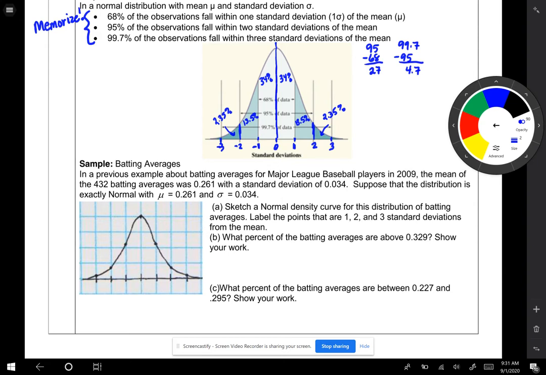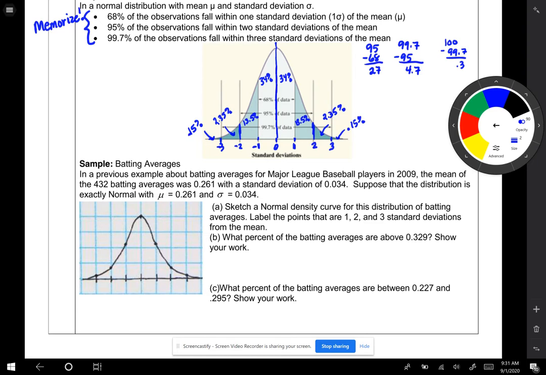And lastly, anything beyond that would be the remainder, just whatever's remaining, so that'd be 0.3%. So this would be 0.15%, and this would be 0.15% right here. We're only interested in the 3 standard deviations from the mean.